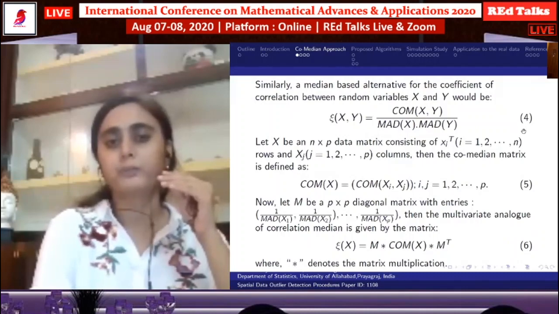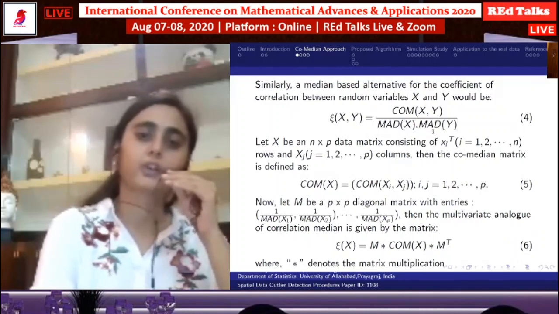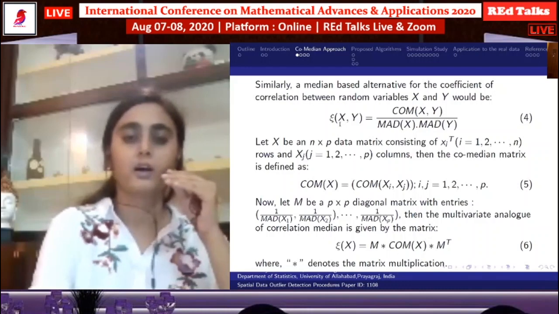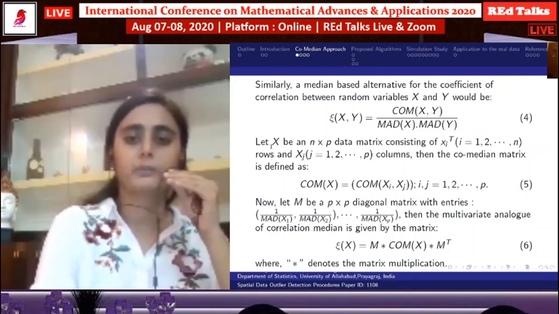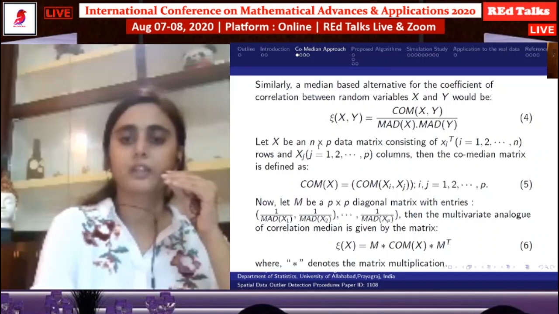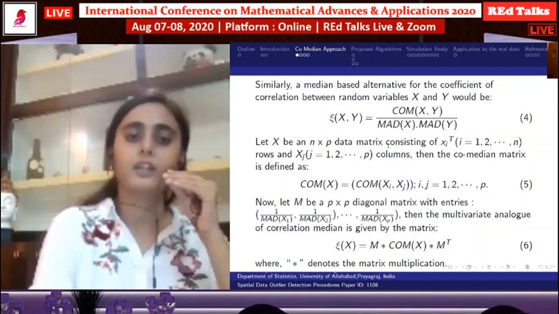For obtaining the multivariate analogs of these robust alternatives, let us consider the matrix X, which is of order n cross p and consists of x_i transpose rows and x_j columns. Then the comedian matrix is defined as in 5, and the multivariate analog of this is defined as in 6.